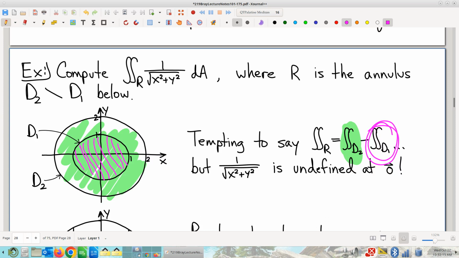Because you gotta keep in mind, the integrand, if you're gonna even define an integral, the way we've done it so far, the integrand has to be continuous. And this one is very much not continuous at the origin. In fact, it's not even defined at the origin. Right? So we have a real problem there.